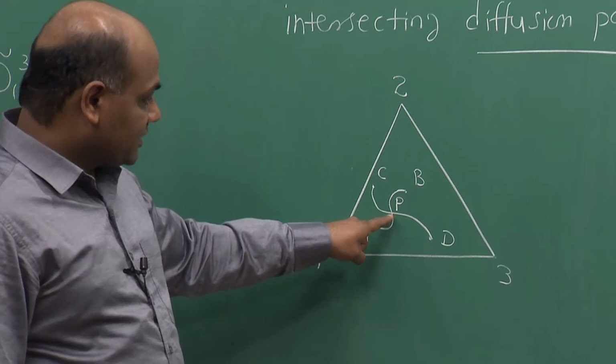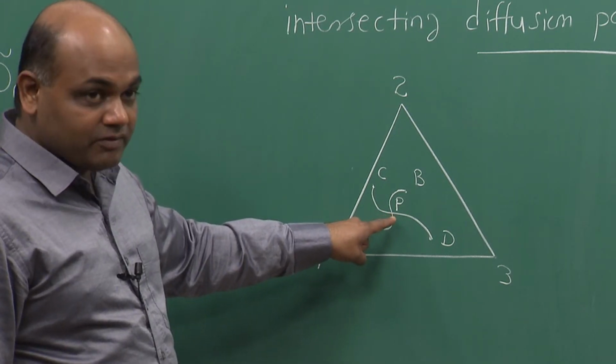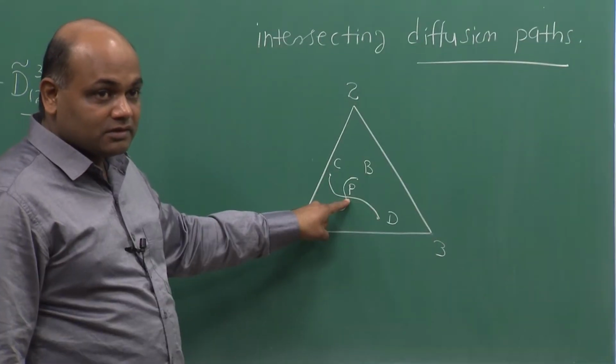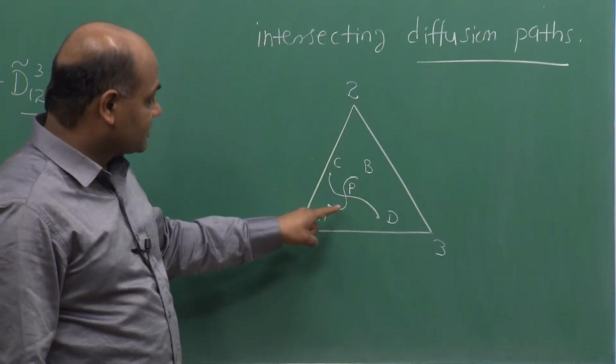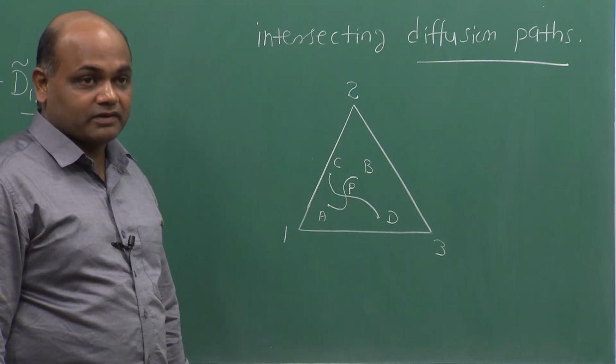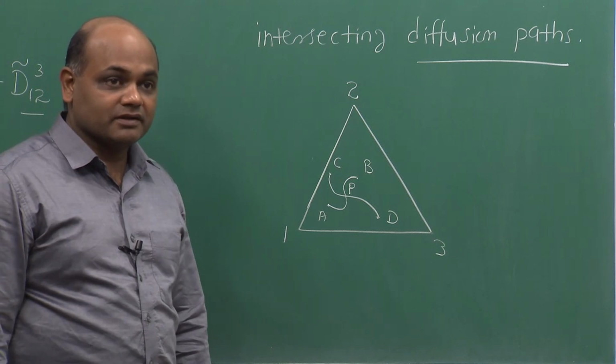The two diffusion paths are intersecting at point P, which means the composition P is common to both the diffusion couples AB and CD. And why is it important?